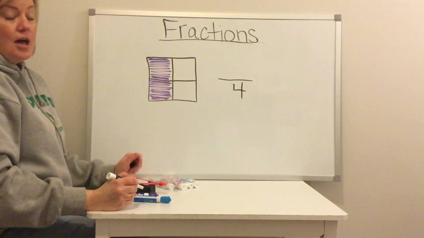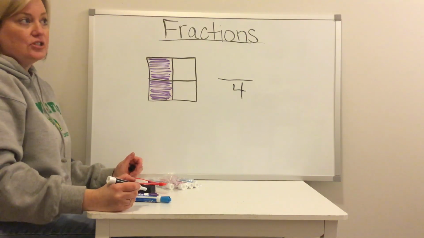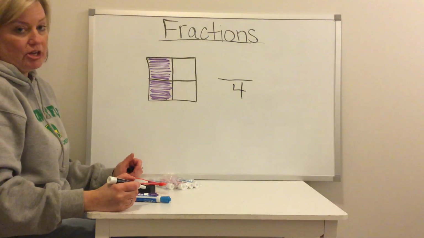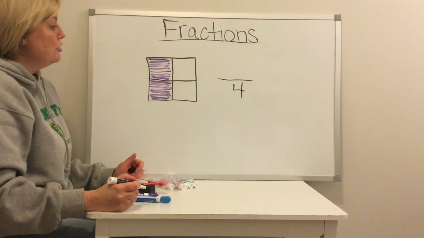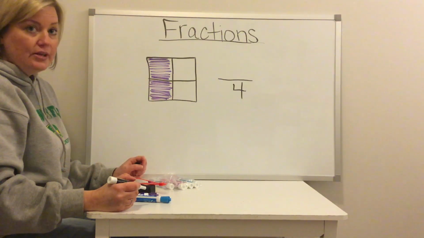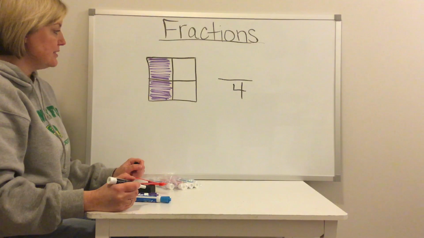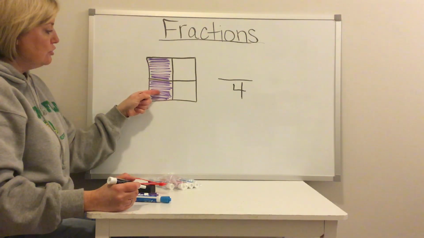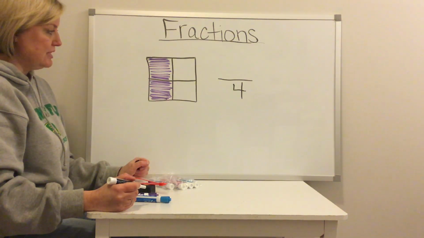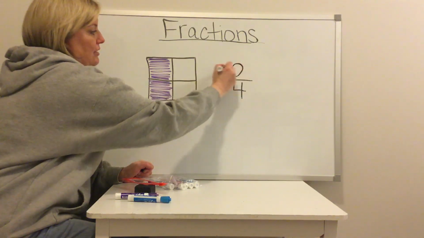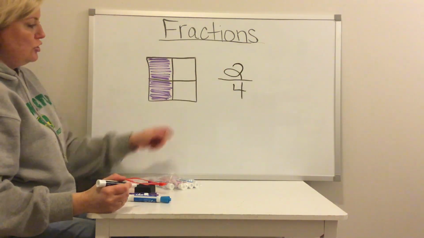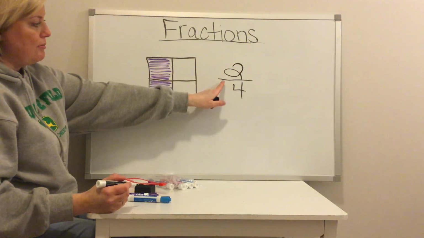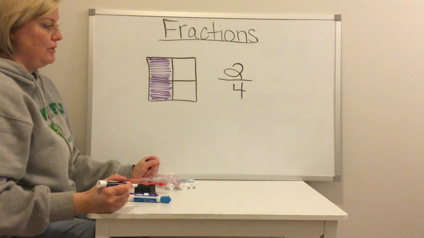And then I may be asked what part of this figure is shaded. So I would count only the number of shaded pieces. There are 1, 2 shaded pieces. So that is my numerator. So I have a 2 as my numerator, and then my line, and a 4 is my denominator.